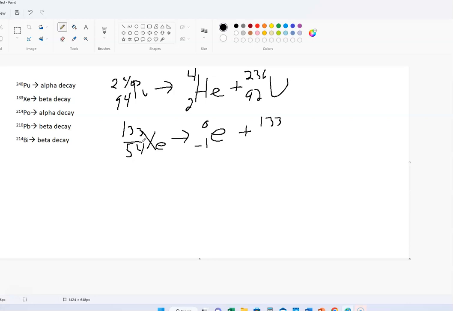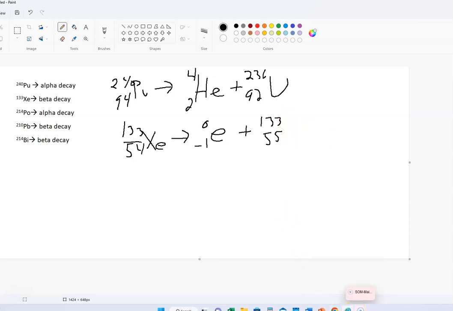And then this one is one more. So the element here is one more. So 55 minus 1 gives us 54. So whatever element is 55, we'll look that up in just a second. That's the symbol that goes here.